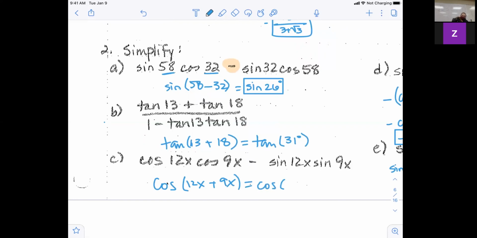It's just going to be 21x with the degree sign. Well, we can't find 21x. That is okay. We'll figure it out.